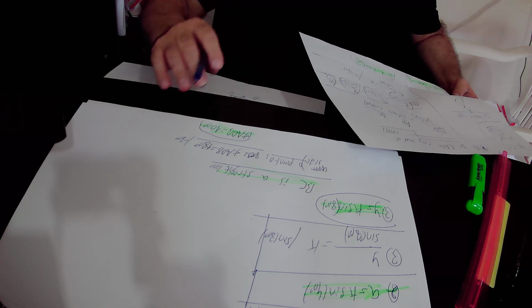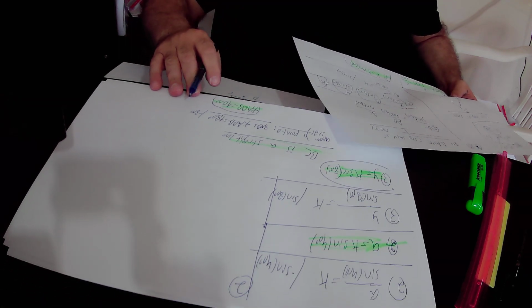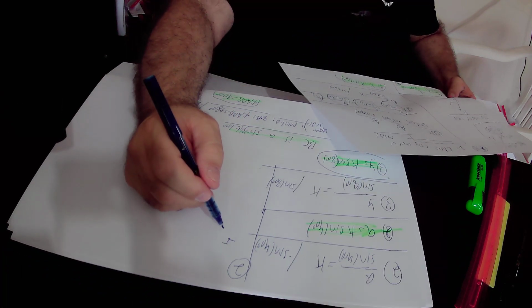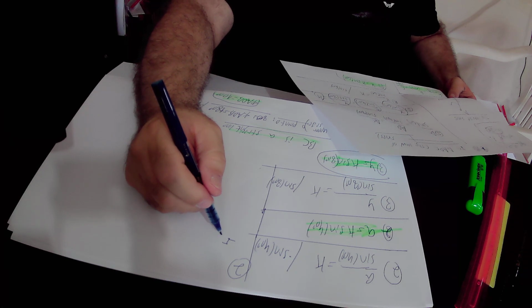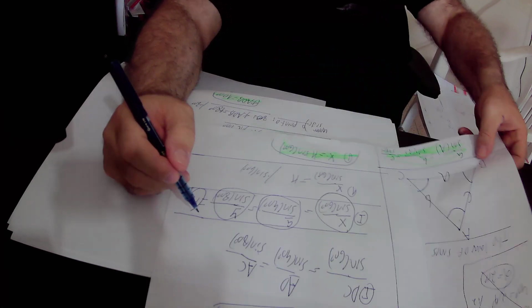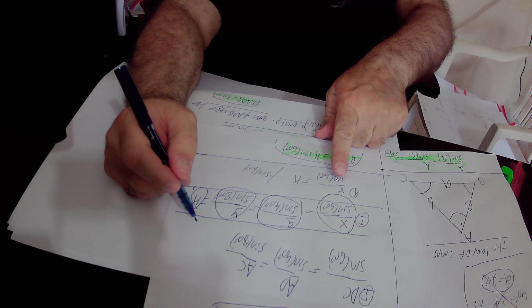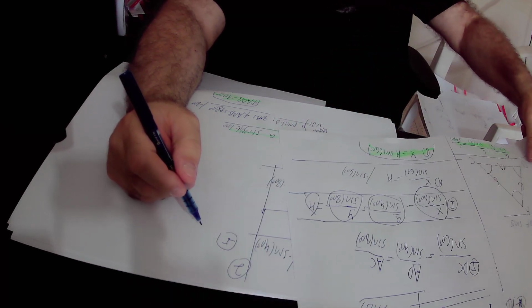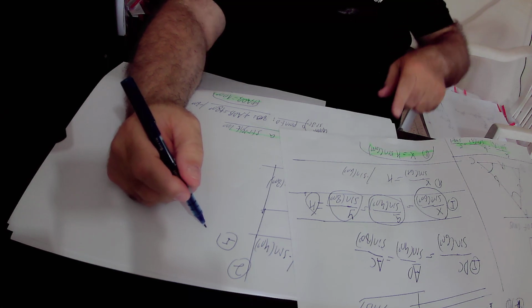So we substitute x by k times sine 60 degrees in this equation number 1.